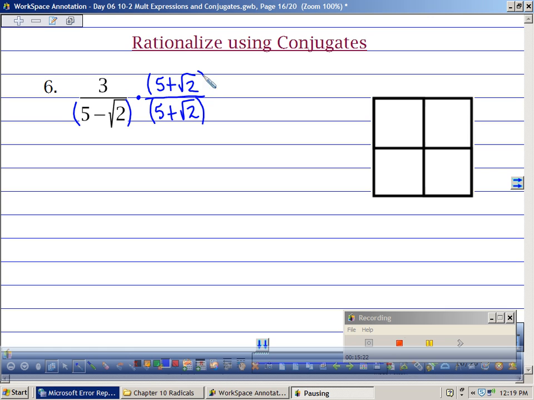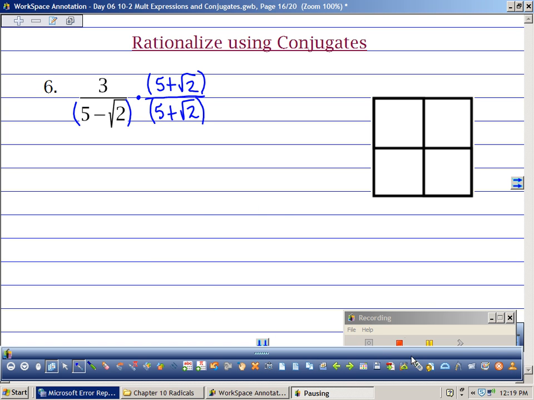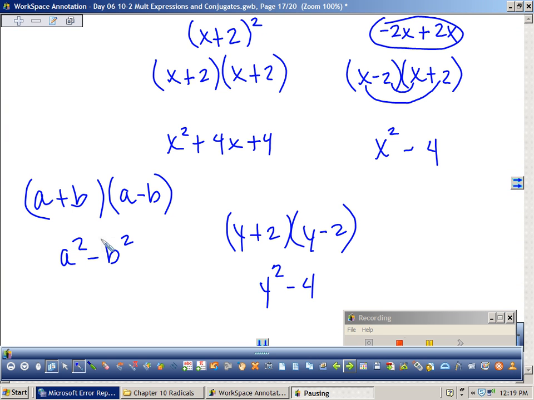But for those smarty pants out there, can anybody tell me what this denominator is going to look like? What was this one? What if I had y plus 4 times y minus 4? What's that look like?